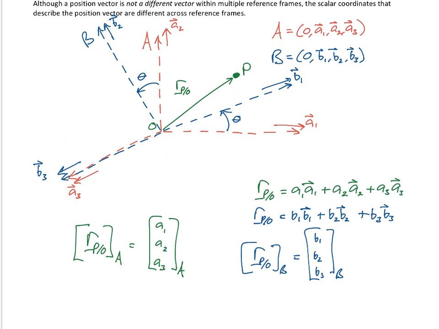Now notice that A1 and B1, A2 and B2, and A3 and B3 are not necessarily equal to each other. They're dependent on the basis vectors that we're defining. And as we've written them here, A1, A2, and A3 are the Cartesian coordinates in the A1, A2, and A3 directions.